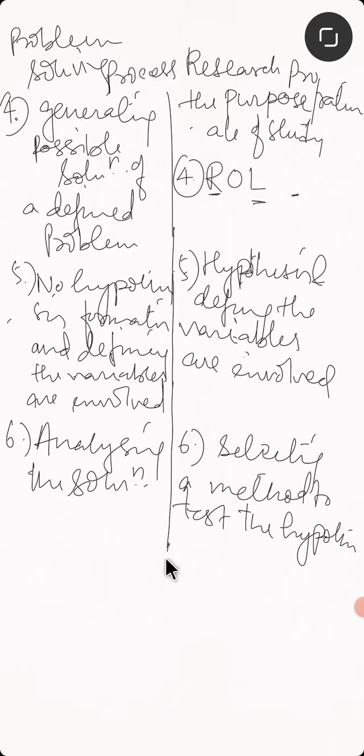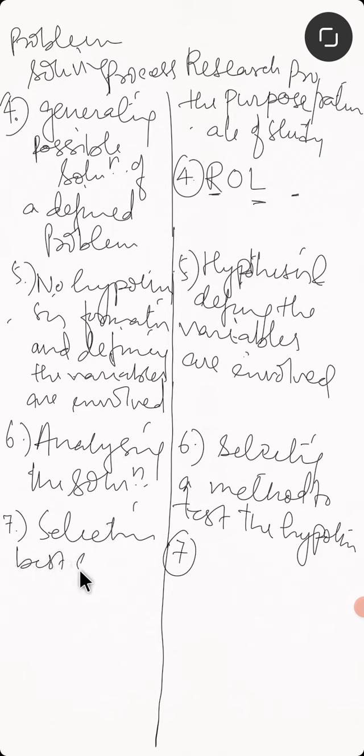What else? What other differences can there be between the problem solving process and the research process? In the problem solving process, after analyzing the solutions, you are selecting the best possible solution, the selection of the best solution.